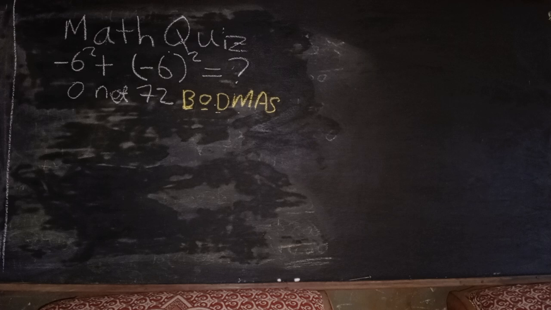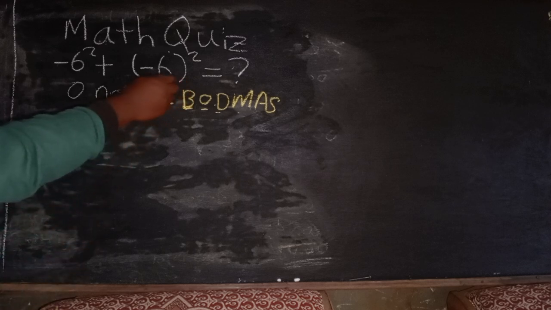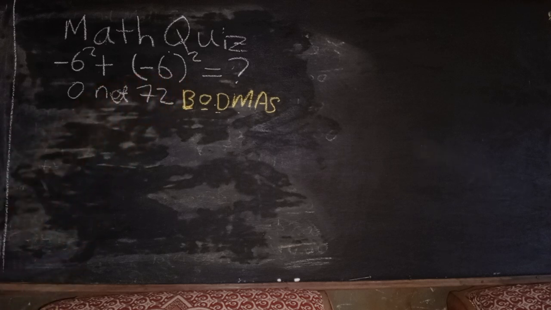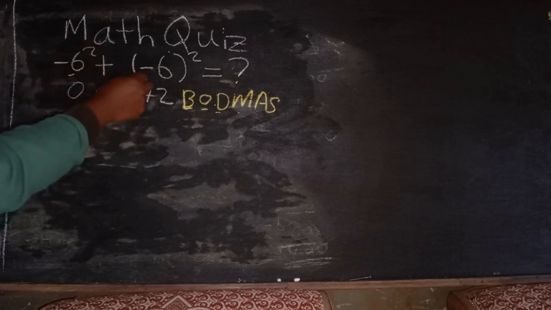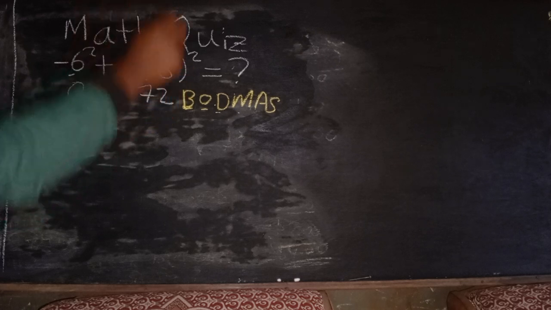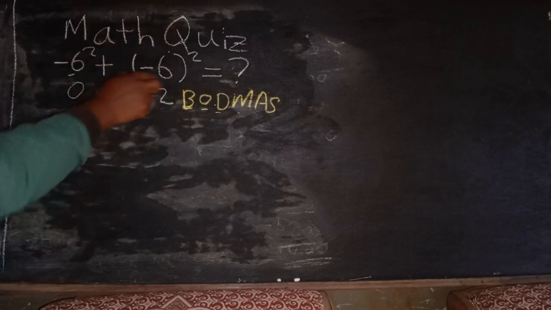Now, if we want to apply BODMAS in this quiz, we need to do what is in the bracket. I want you to understand that -6² is different from (-6)².